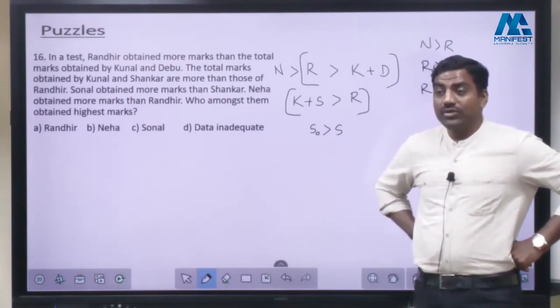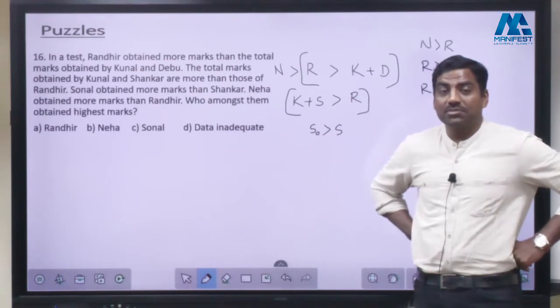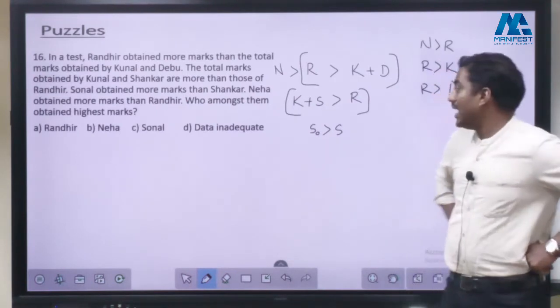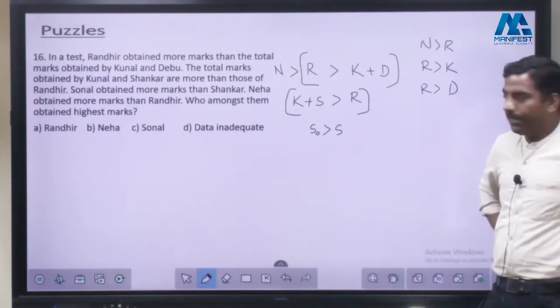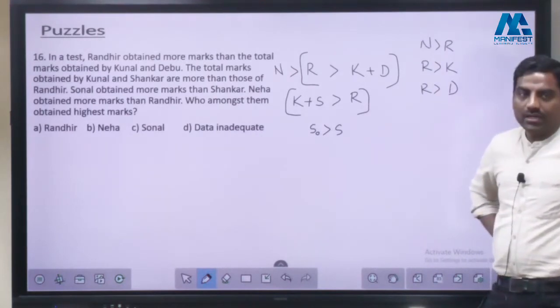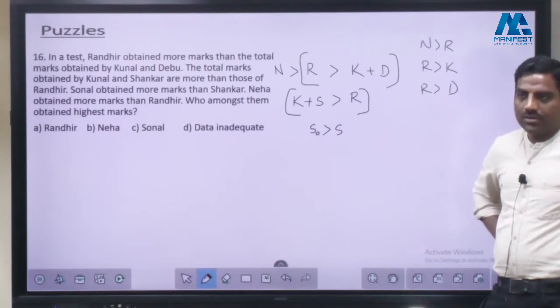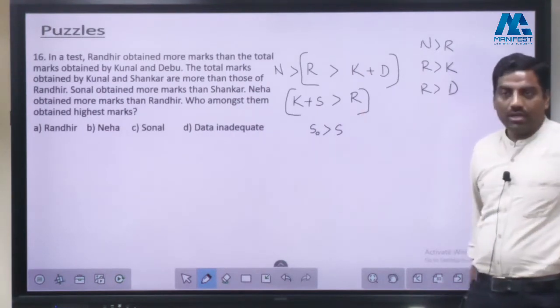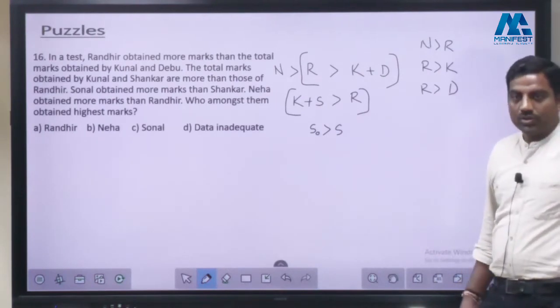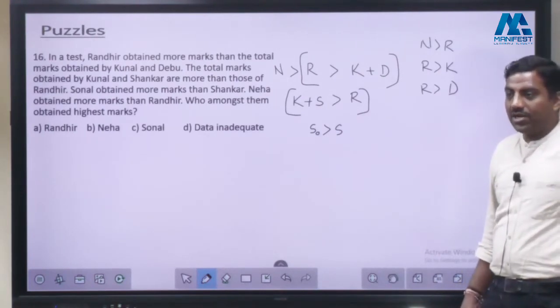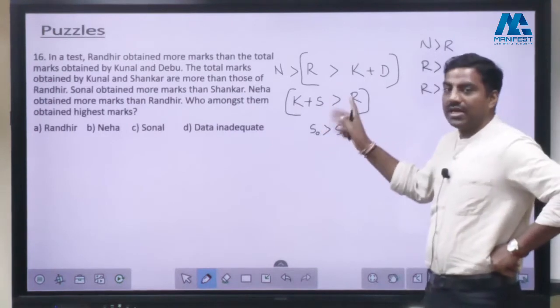In that case, we cannot establish any relation between K, S and R. Already I know R is more than K. We are adding S to K to get a bigger number. So, we cannot create a relation between Shankar and R.